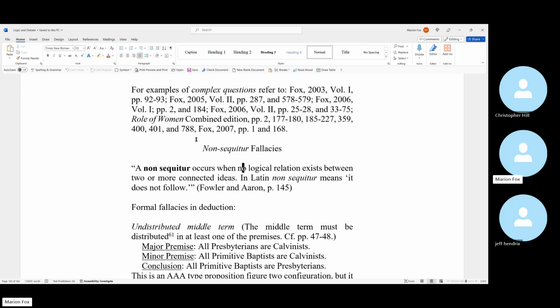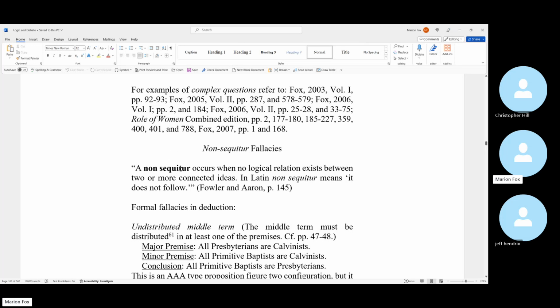So everybody, when they got together, diplomats talking to one another, would speak Latin. Latin was the language of commerce and the diplomatic language. So non sequitur is Latin. It means it does not follow.